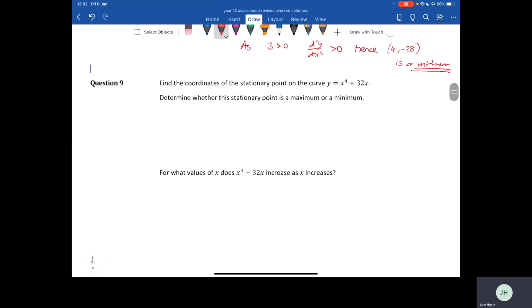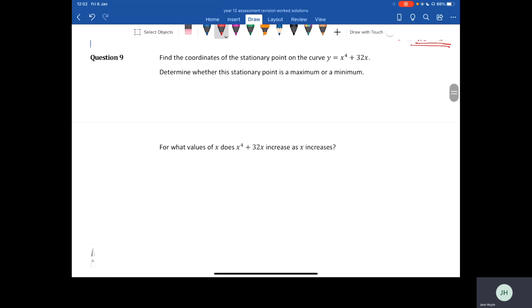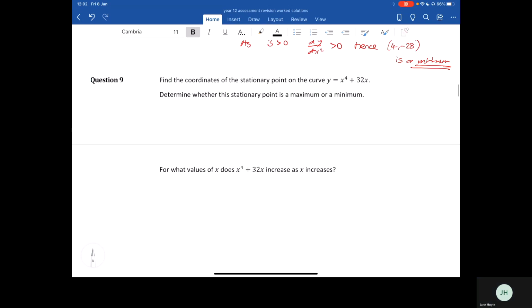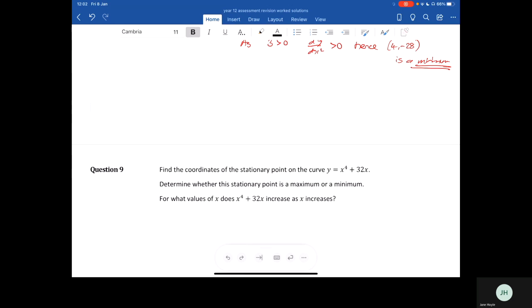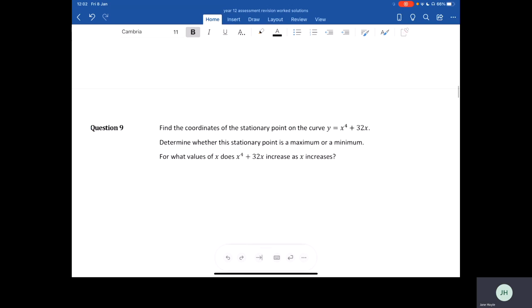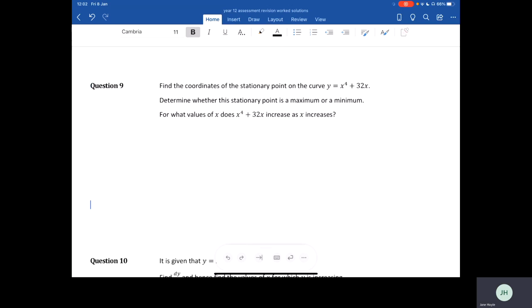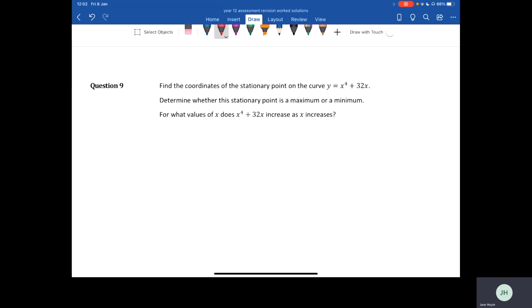Okay, moving on then. Let's put that on the next page. So, finding the stationary point, I am going to differentiate. So dy by dx is 4x cubed plus 32.